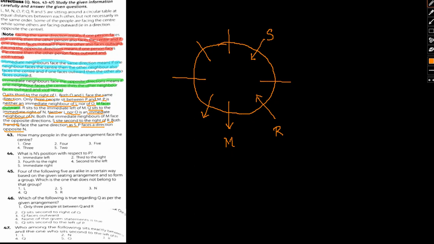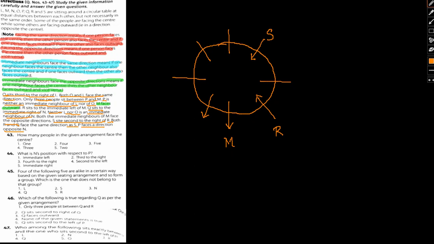So in which positions L, N? M faces outwards. Only 3 people sit between P and M, we can use this point.